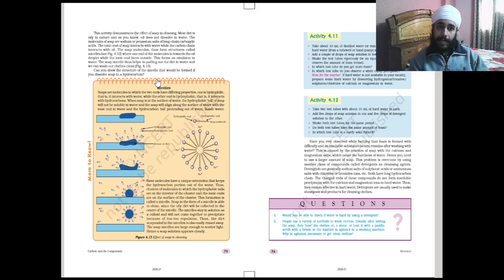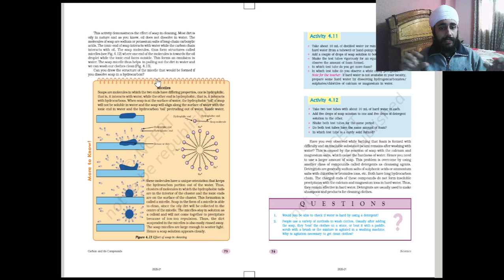Inside water, these molecules have a unique orientation that keeps the hydrocarbon portion out of water, forming a cluster in which the hydrophobic tails are in the interior and the ionic ends are on the surface of the cluster.